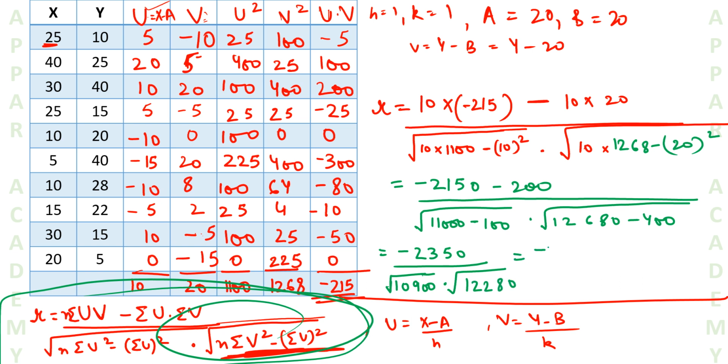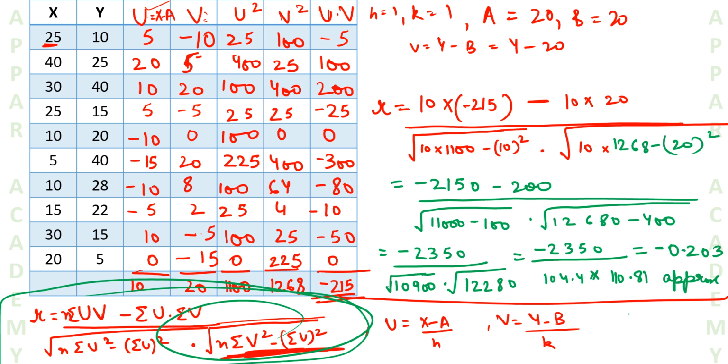Now the square root of 10900 is approximately 104.4 and the square root of 12280 is approximately 110.81. So now doing this, we get minus 0.203 approximately.